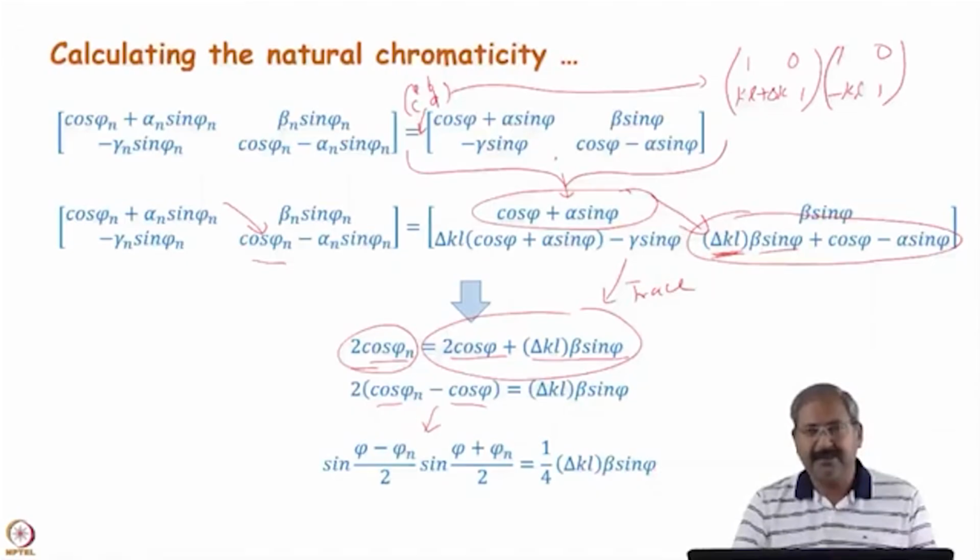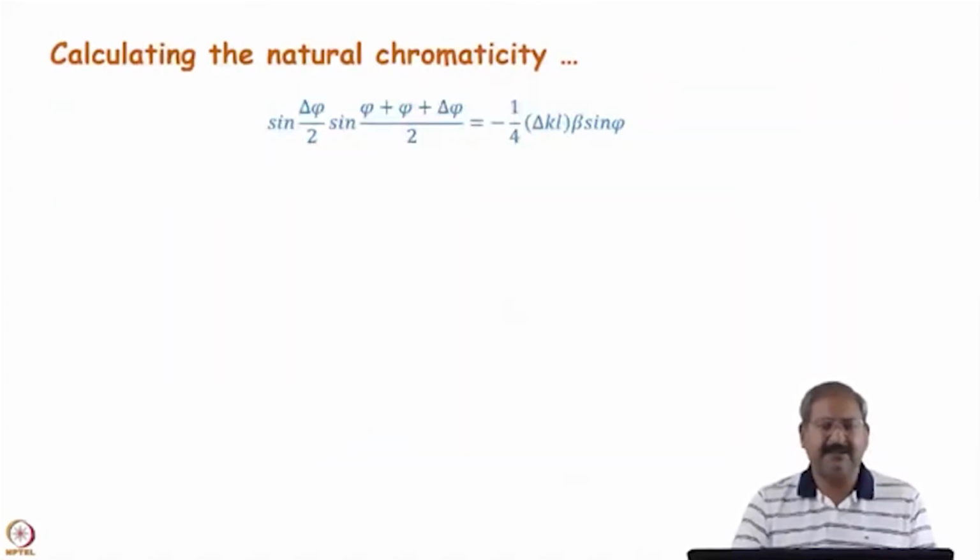Now because we are assuming that the energy spread is not much, meaning delta P by P is a small value, the change in strength delta KL will also be a small number. And that's why the change in phase will also be small. So we can write sin of delta phi by 2 and sin of phi plus delta phi by 2 like this.